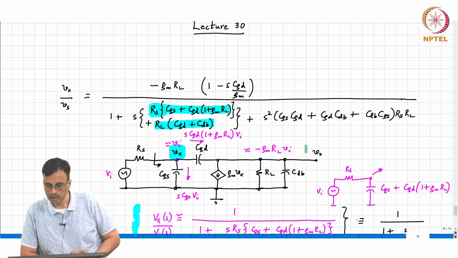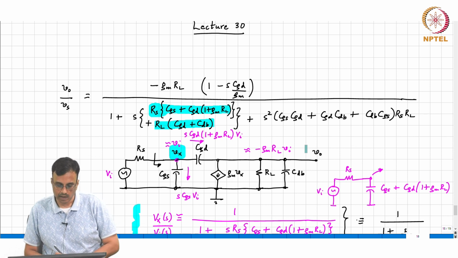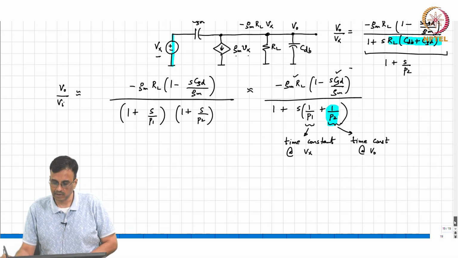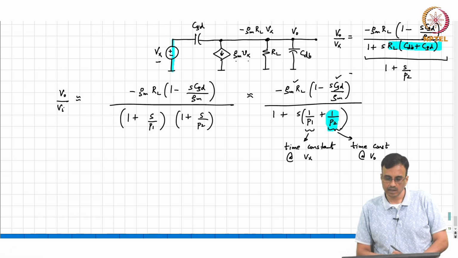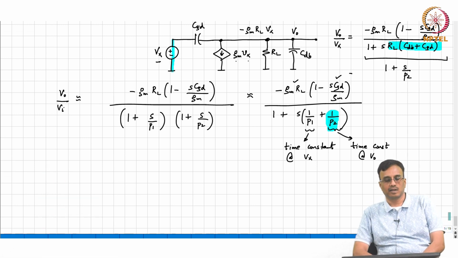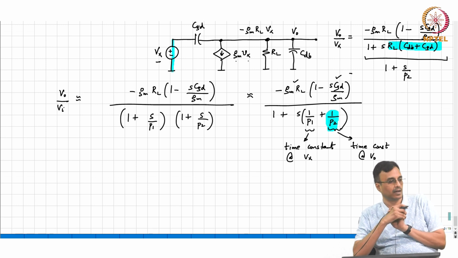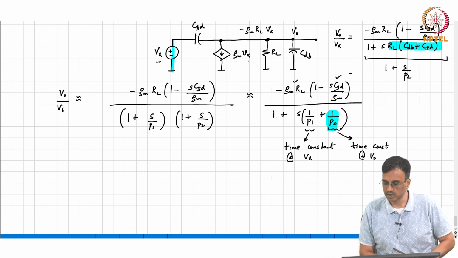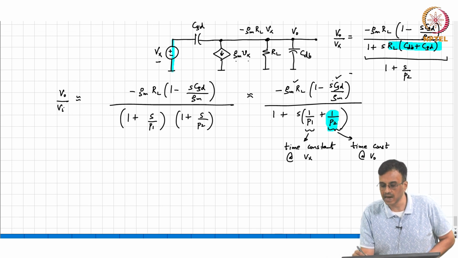Okay. So, the key point therefore is that if you drive the common source amplifier with a resistance RS, and you want to approximate the common source response by a first order system, then to first order, you can see that the numerator time constant is CGD over GM.